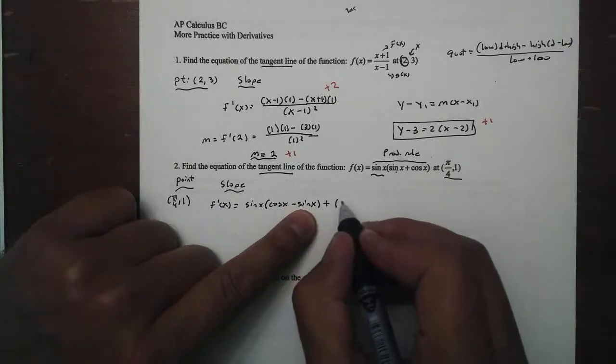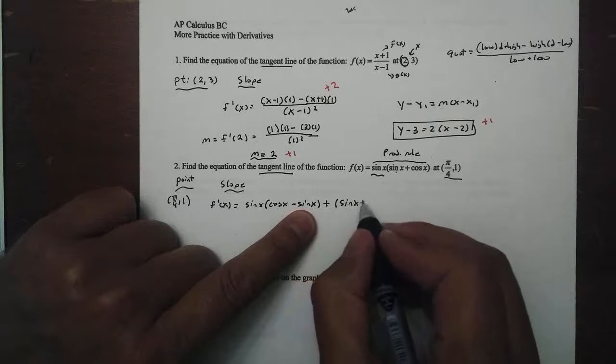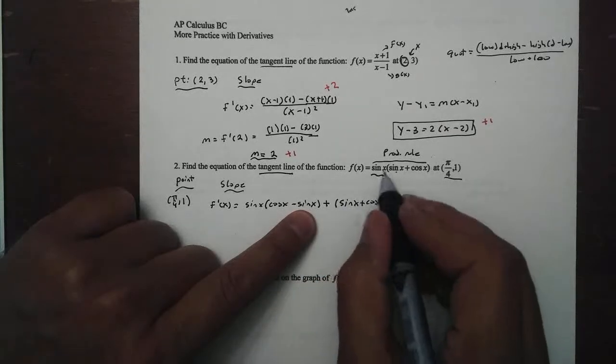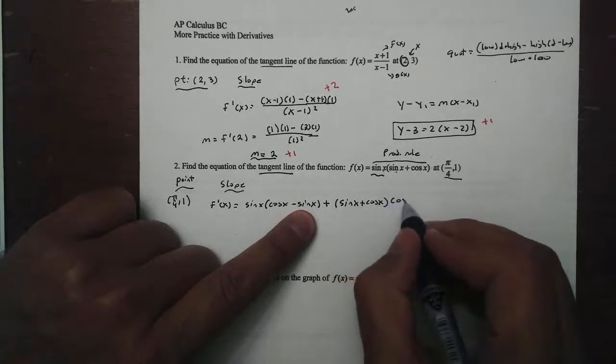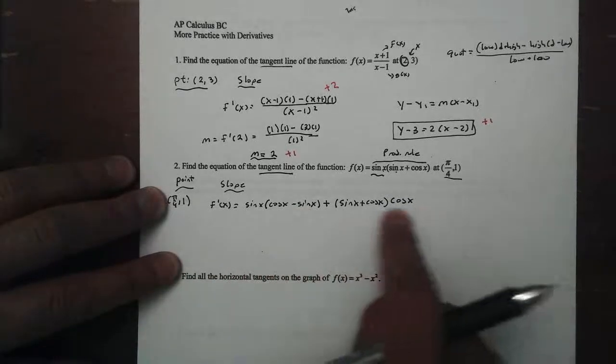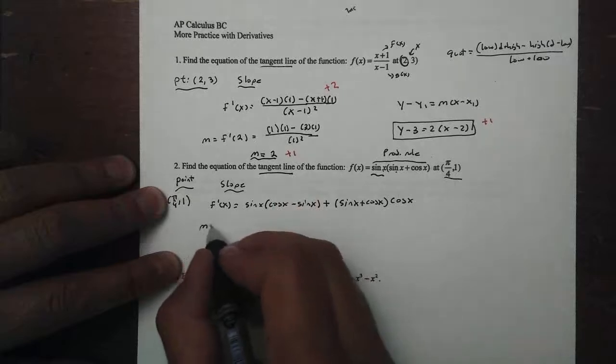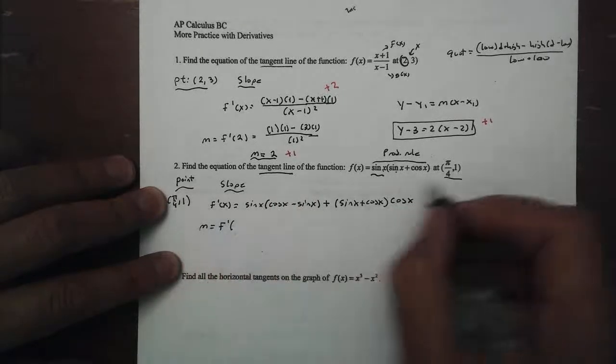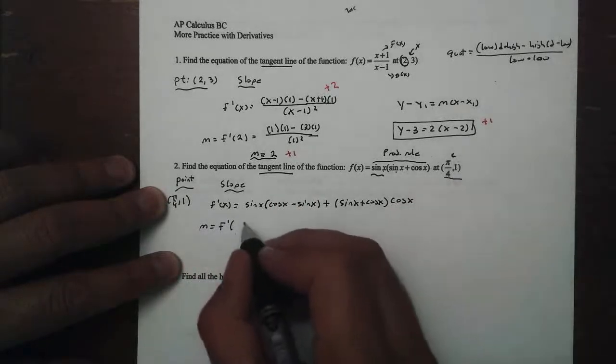Plus the second function, sine of x plus cosine of x, times the derivative of sine of x, which is cosine of x. And again, I don't have to worry about cleaning any of this up, because to get our slope, we're going to plug in the x value at pi over 4.